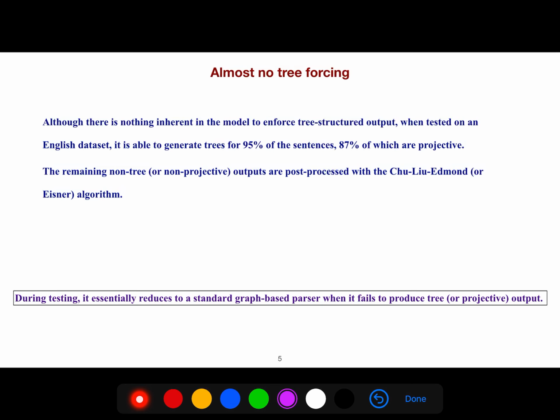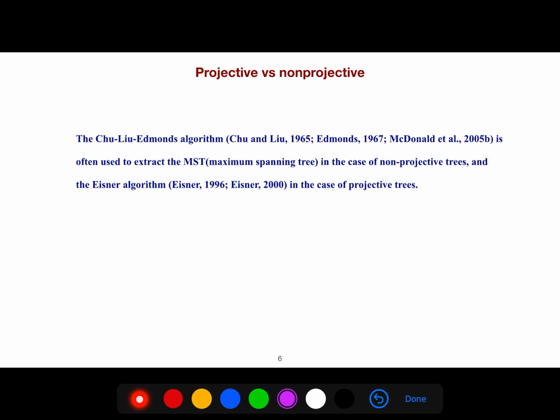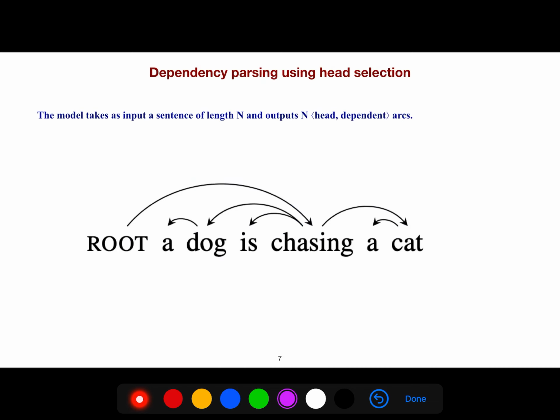So we have either projective or non-projective. The Edmonds algorithm is the one we use for maximum spanning tree when we want to work with non-projective trees. And you know that the Eisner algorithm we use only for projective trees.